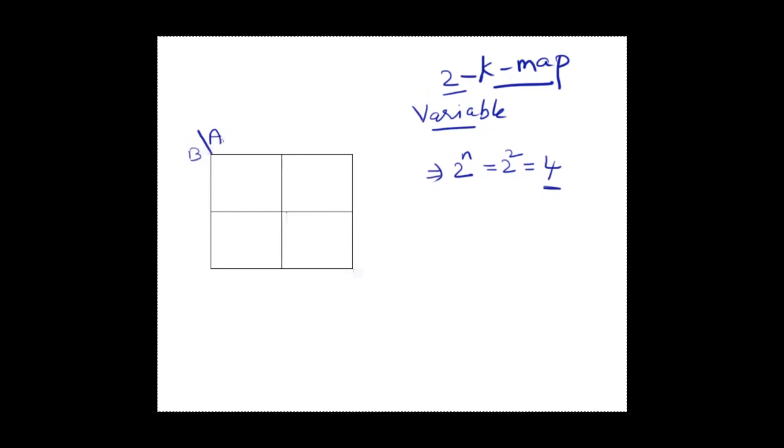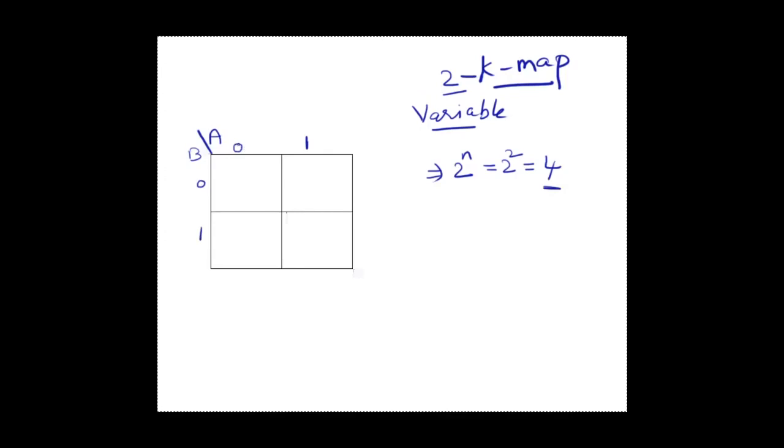When I take this as A and this as B, I generally write this as 0, this to be 1, and this as 0, and this to be 1.